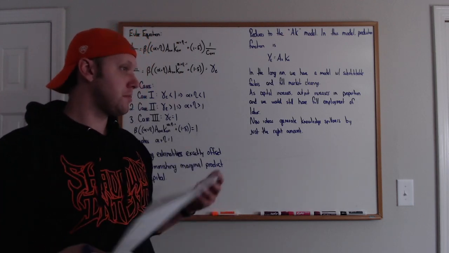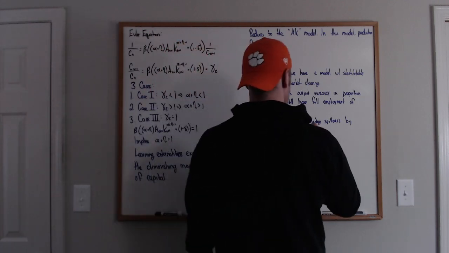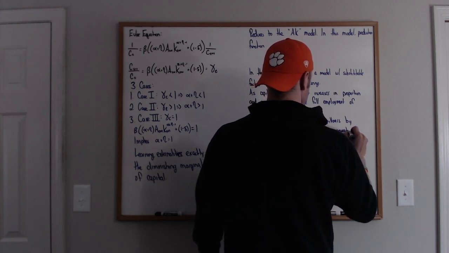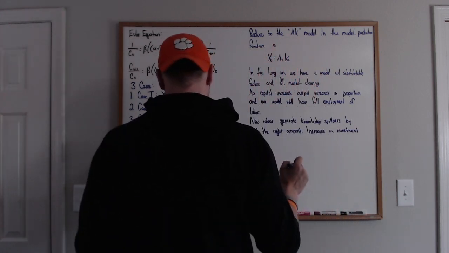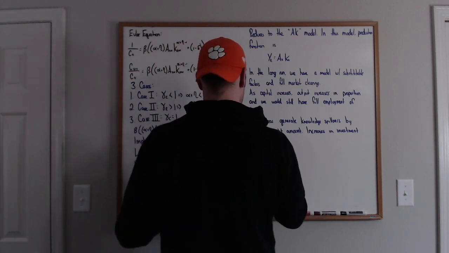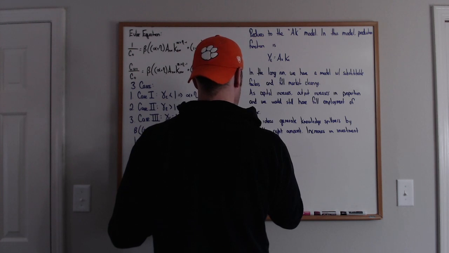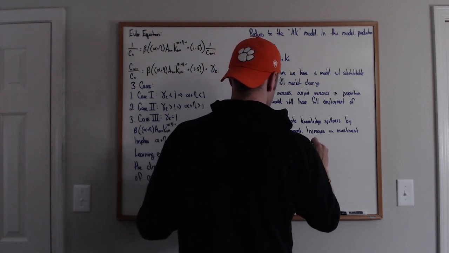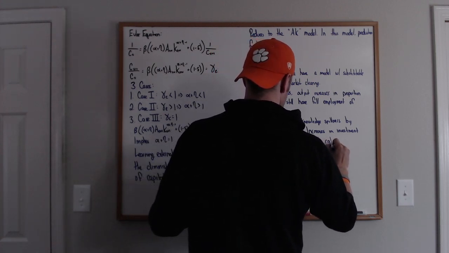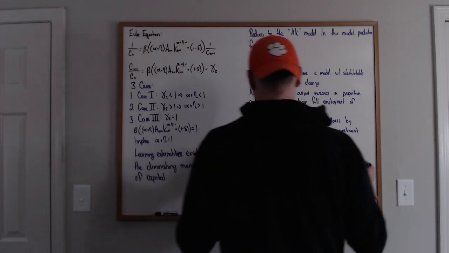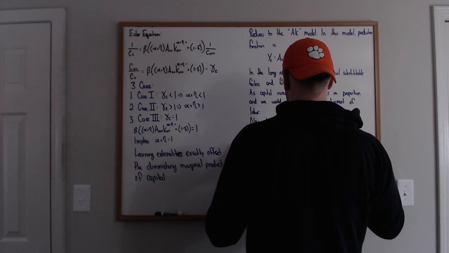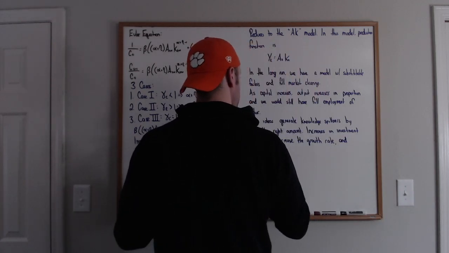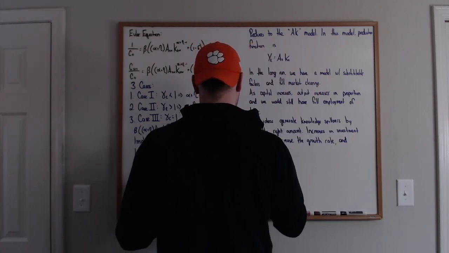So an increase in savings, thus investment, say increases in investment, will permanently increase the growth rate, and output per person will grow at a positive rate.